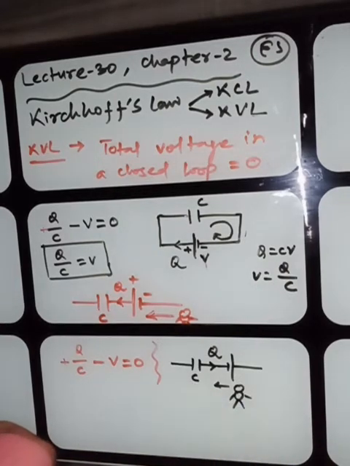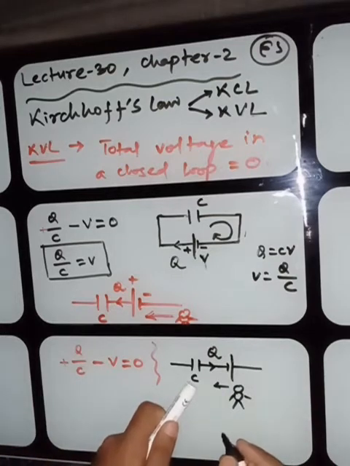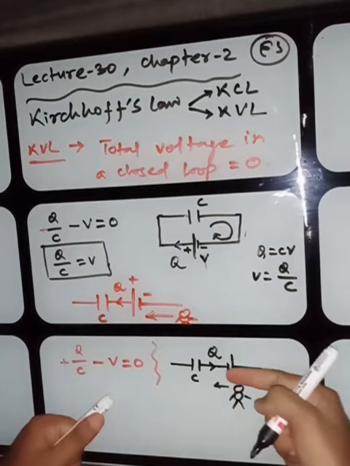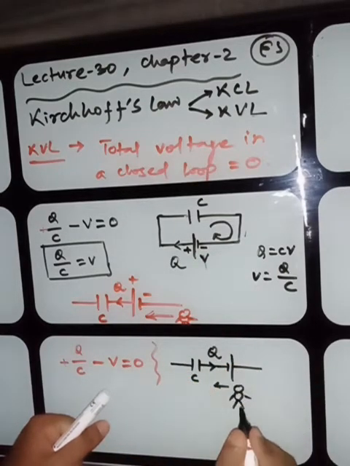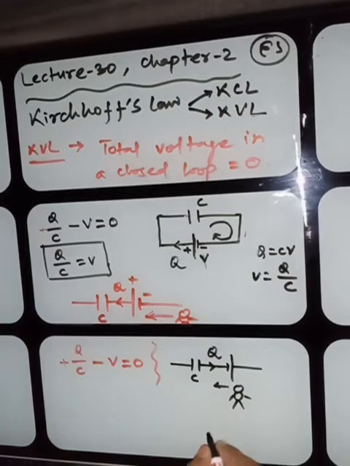Now how will you write the equation? The potential over this one will be how much? You are going in this direction. First you meet the battery and then the capacitor. We are writing the voltage on the capacitor. So the voltage will be minus, why?